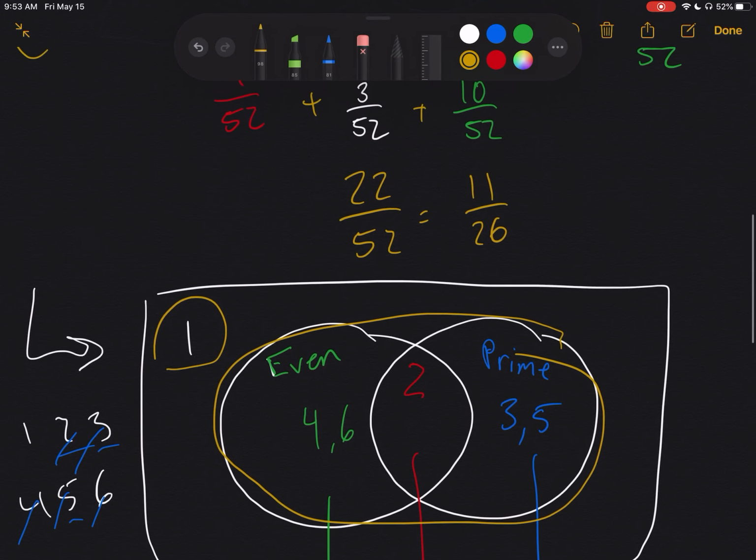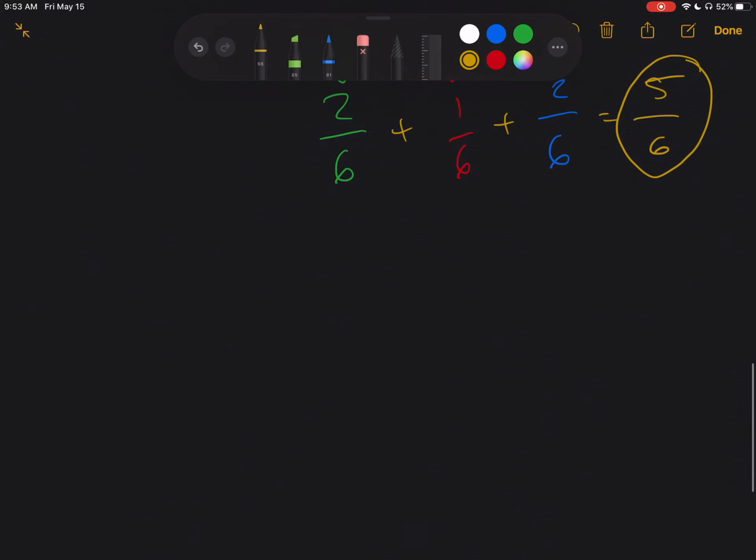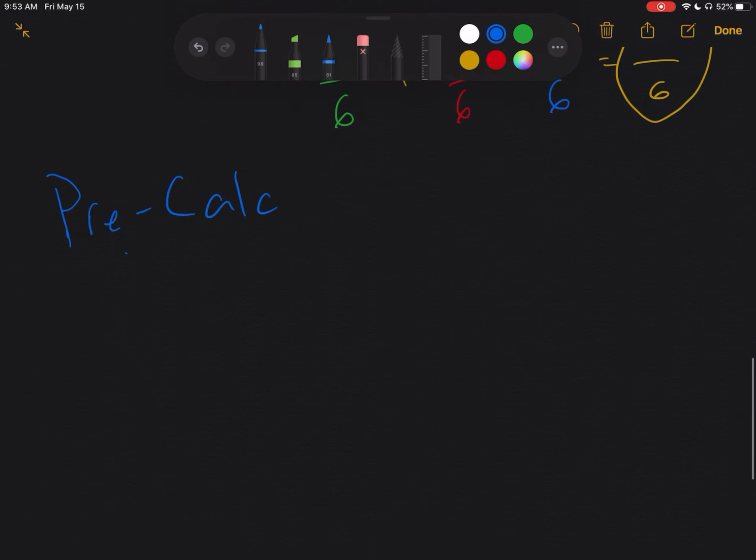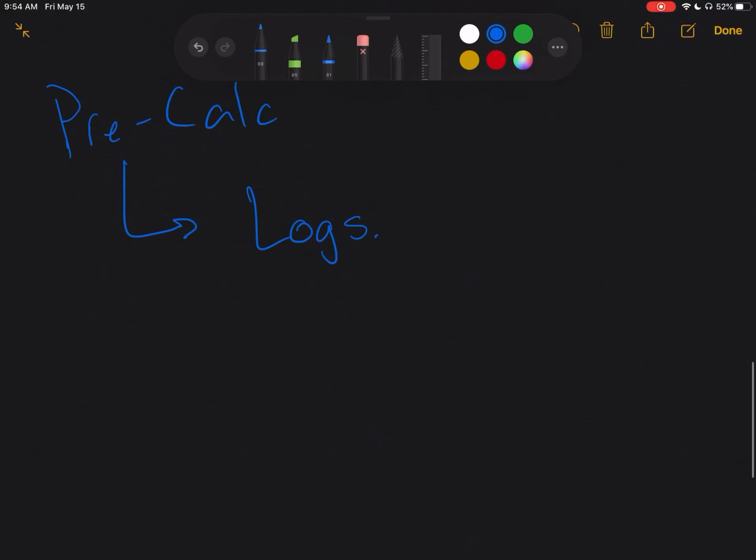If you do want to challenge yourself a little bit more and continue to do some math, for those of you that are going into pre-calc next year, something that you might look into is logarithms. And I can send you some good videos on these, so if you're interested, just send me an email.